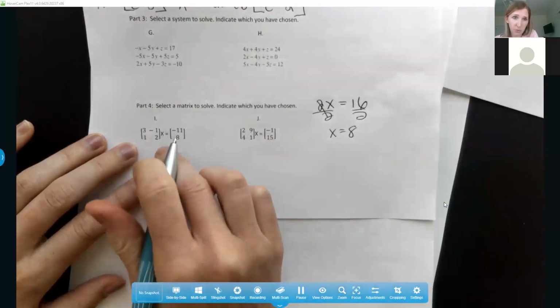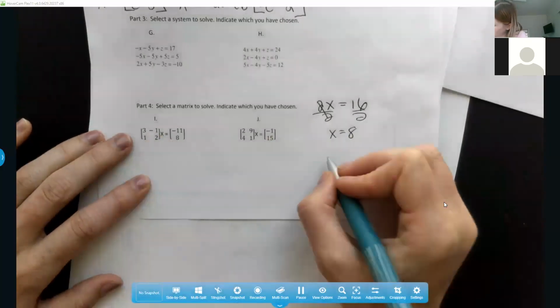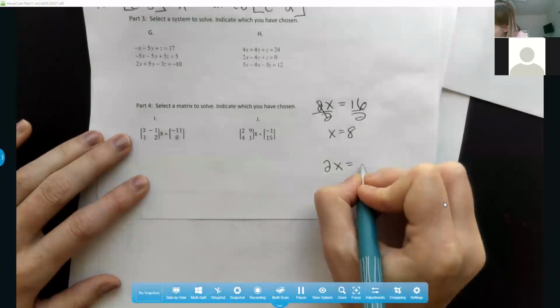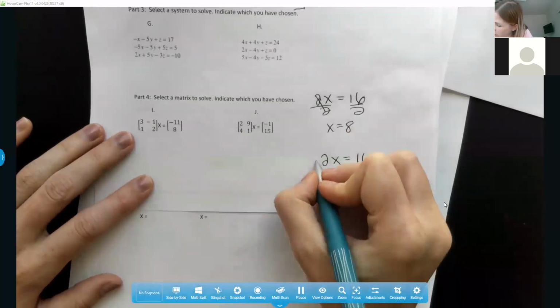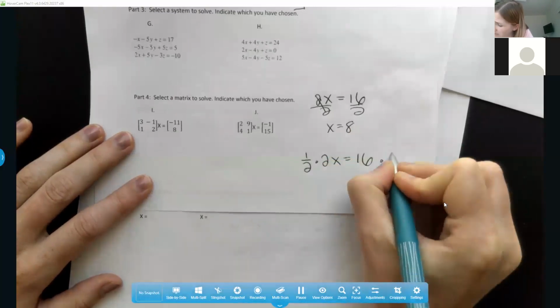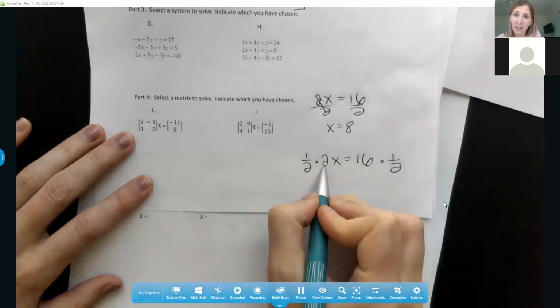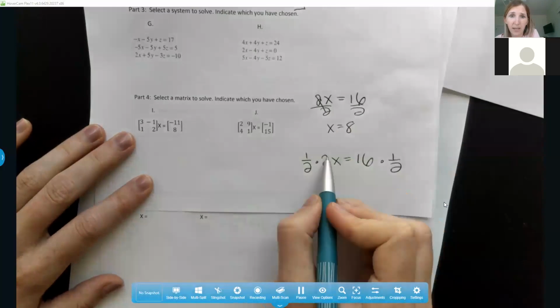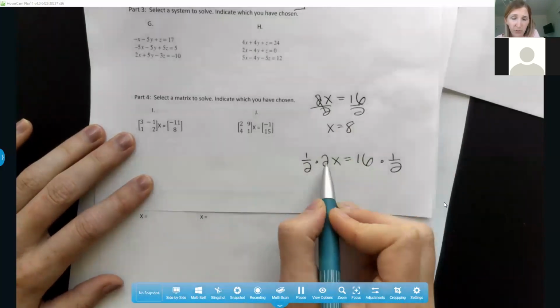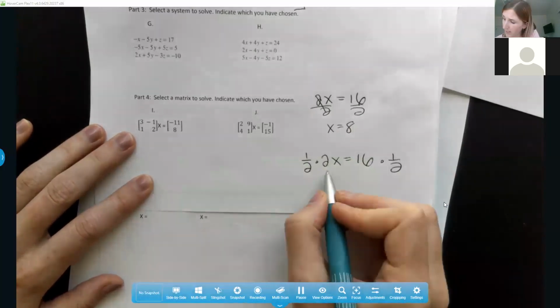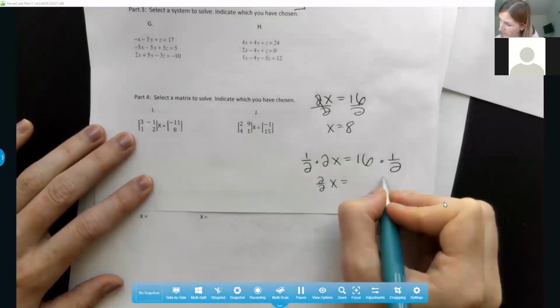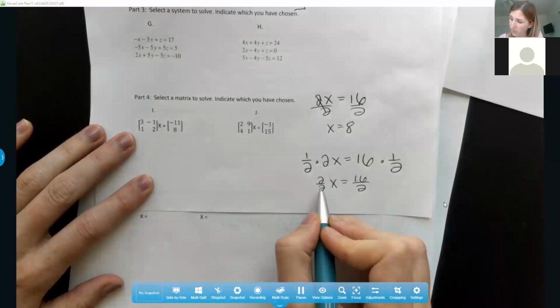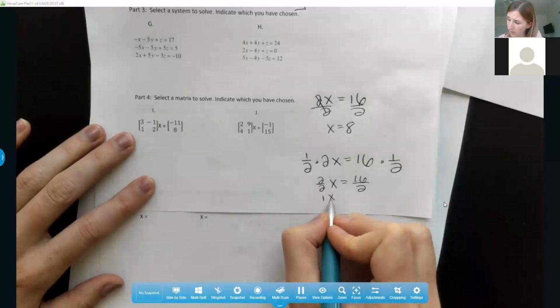Since we can't do that, what we're going to do is basically the same thing. We're going to multiply both sides by the inverse of this number, because 1 over 2 times 2 is just going to give me 2 over 2, right? Right. And this would be 16 over 2. 2 over 2 is the same thing as 1.